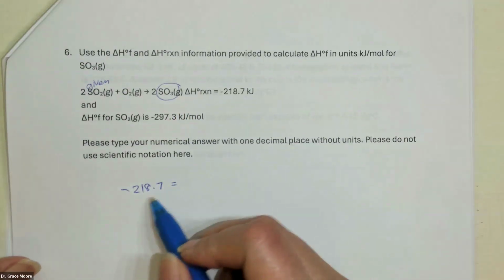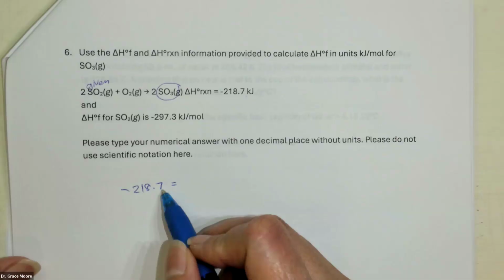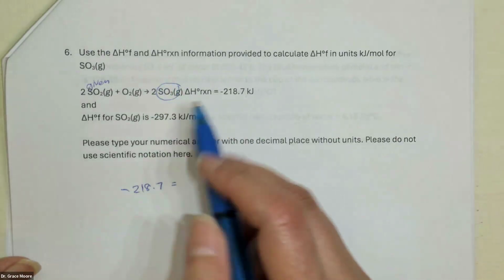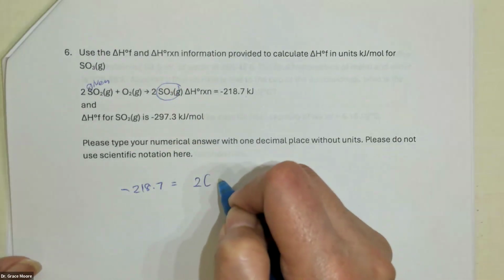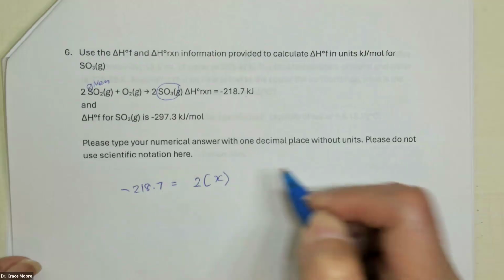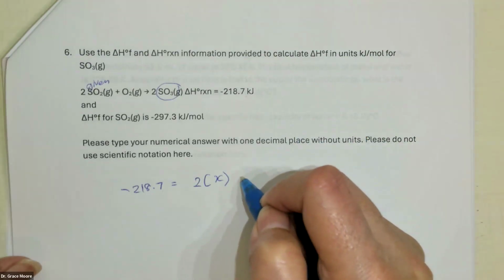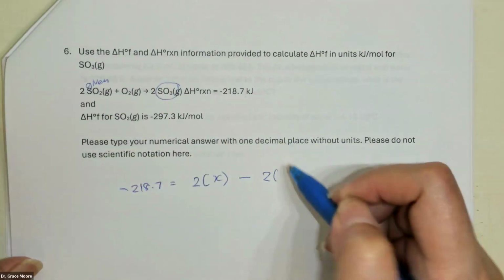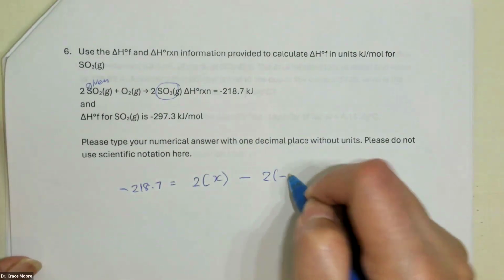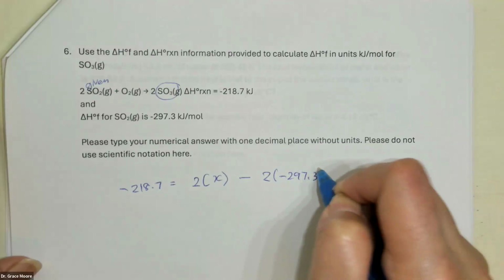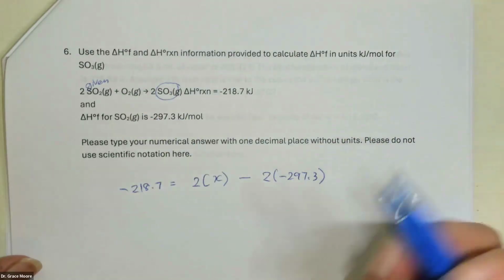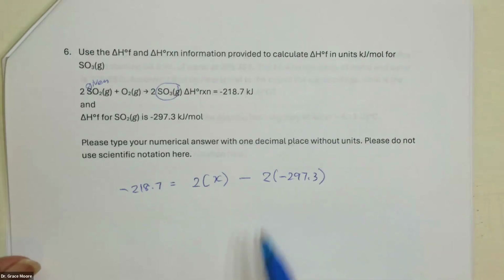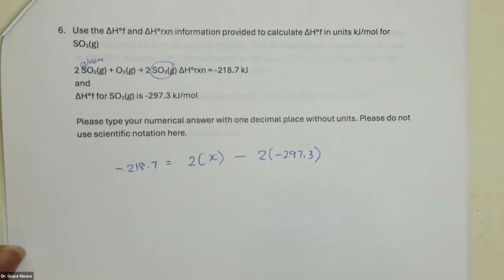So that would be negative 218.7. That would equal 2 times SO3's number, which is my unknown. I'm going to call it X. And then it will be total products minus total reactants, which is 2 times SO2's value, negative 297.3. And then that's a 0, so I don't have to worry about it. So let's solve for X here. X is my SO3.